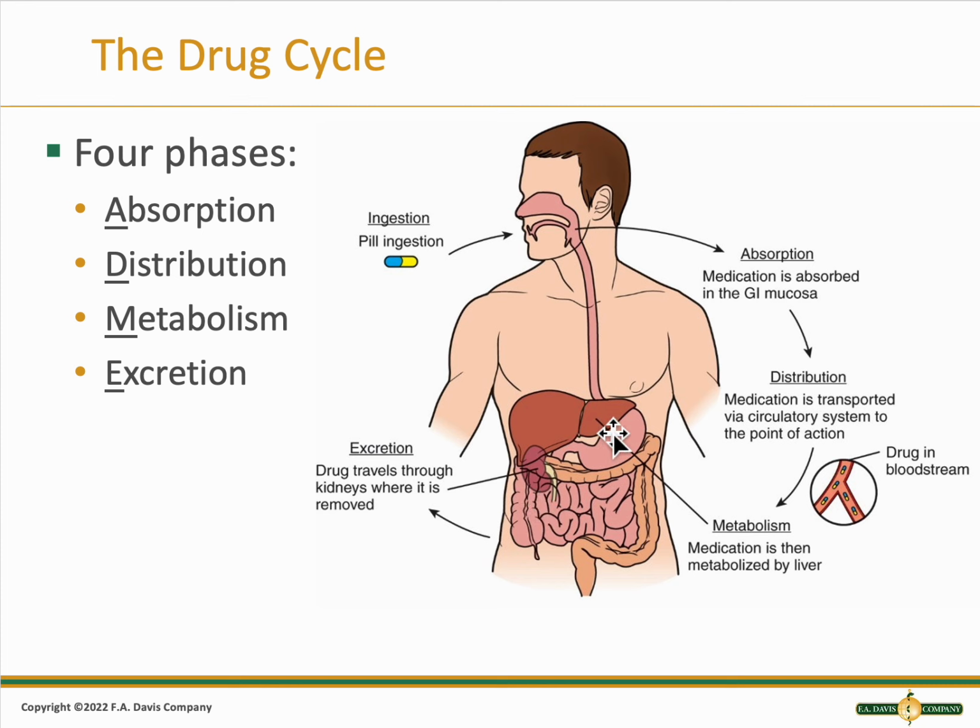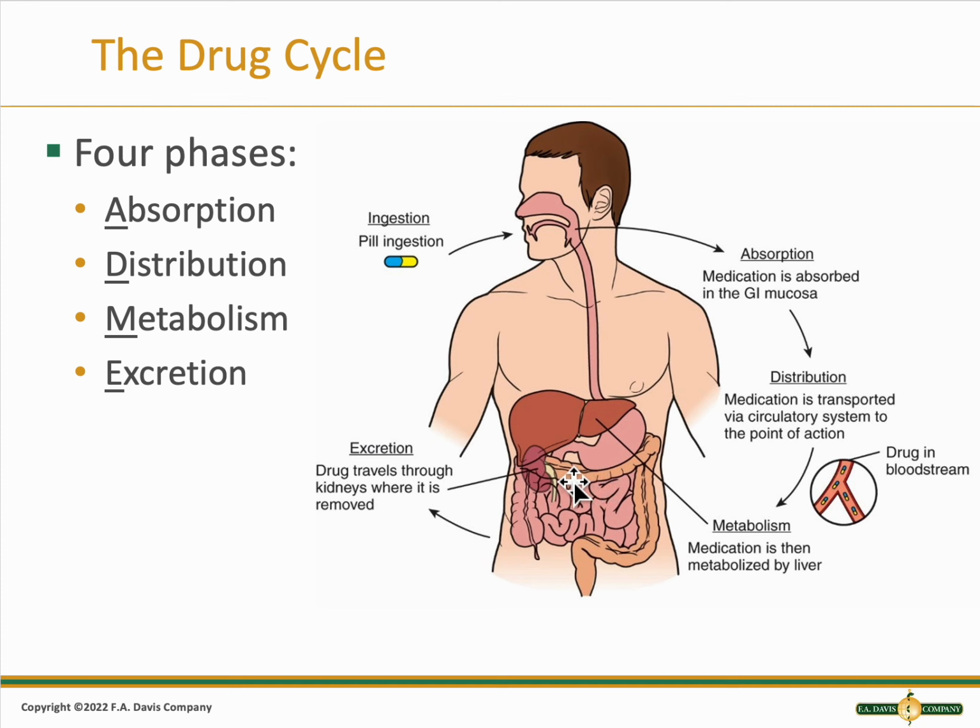As it's circulating in the blood, the blood is passing through the liver. When the drug gets to the liver, it has specific enzymes, which we'll talk about later, that will take that drug and can do different things with it.